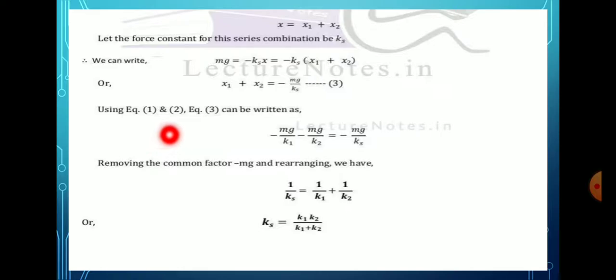Now, using equations 1, 2 and 3, we get minus mg by k1 minus mg by k2 is equal to minus mg by Ks.